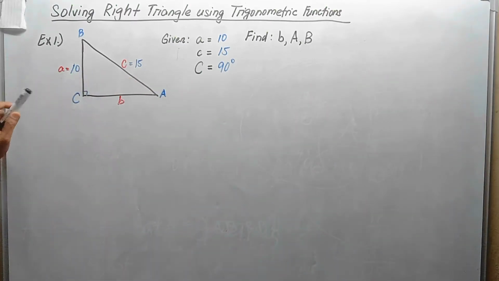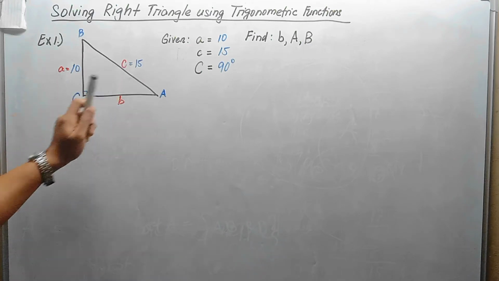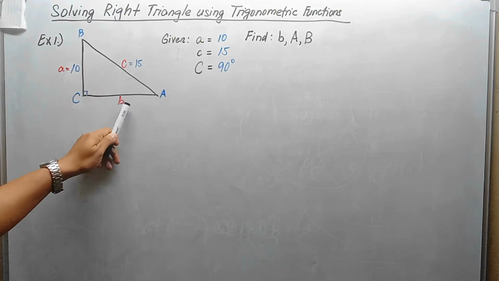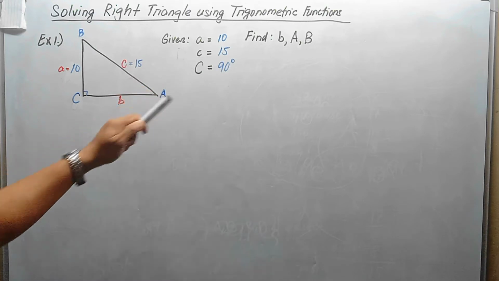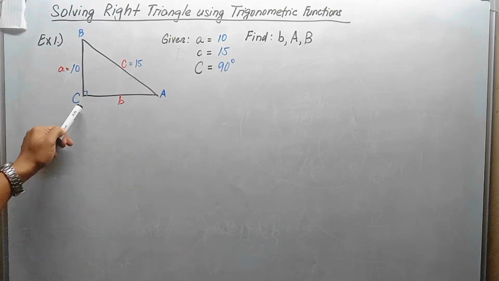So as you can see here, I have an example problem on a diagram. It's a right triangle having three sides, A, B, and C, where side A is equal to 10, B is unknown, C is equal to 15. Triangle ABC is a right triangle, guys.